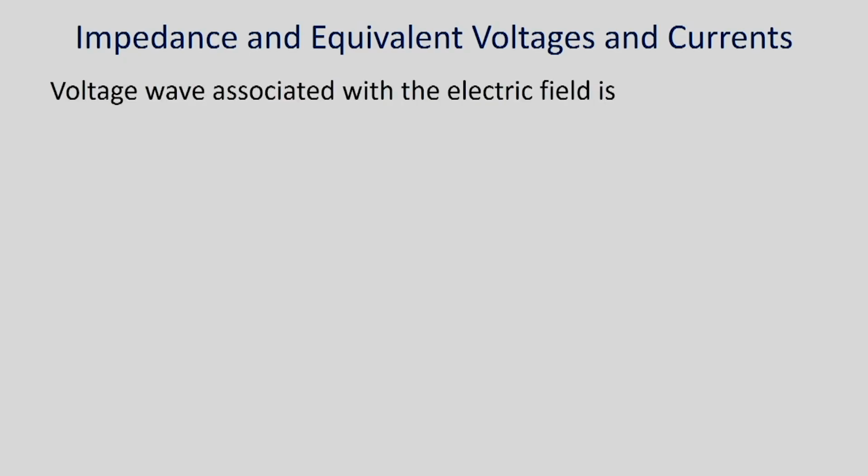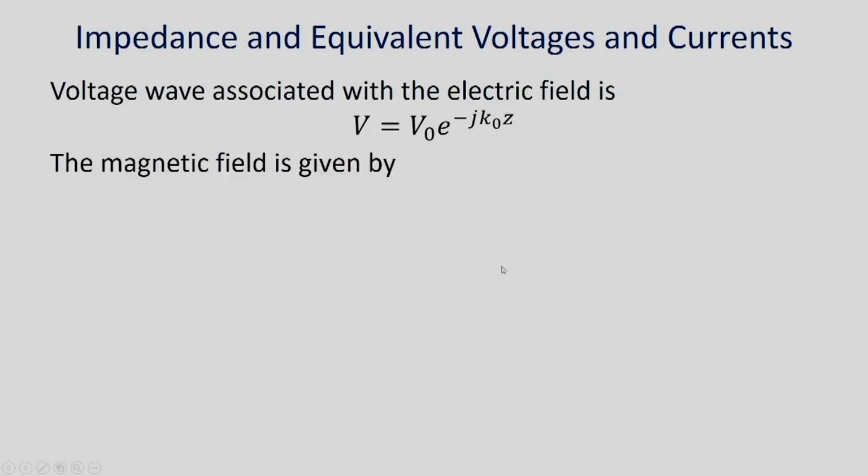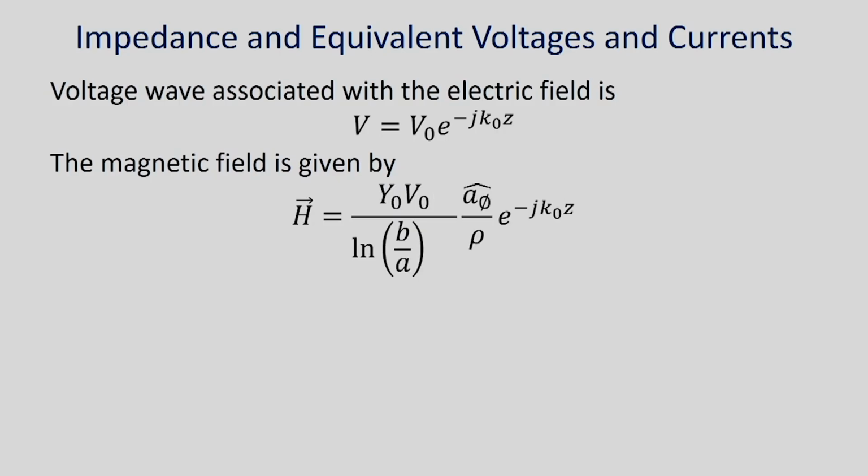For the same transmission line we can associate a voltage wave with the electric field, given by V = V0 e^(-jk0z). Similarly, for this coaxial line, the magnetic field is given by H = Y0 V0 / (ln(b/a)) e^(-jkz) / rho in the phi direction.